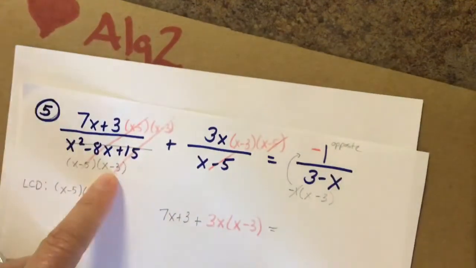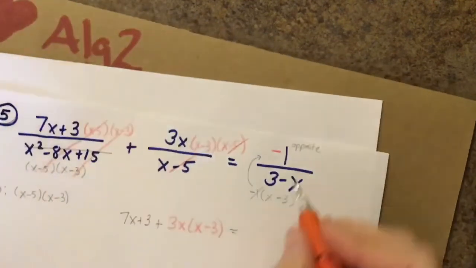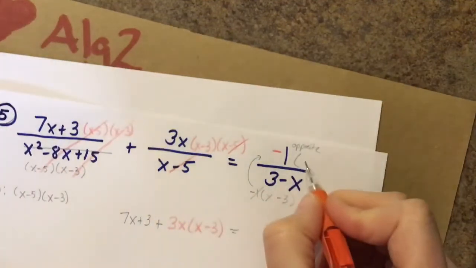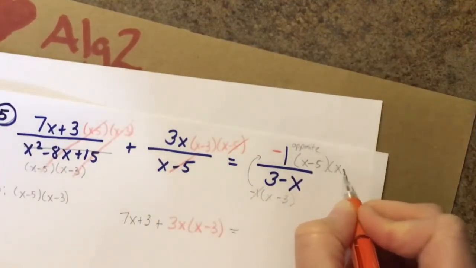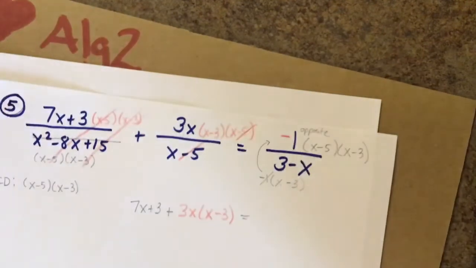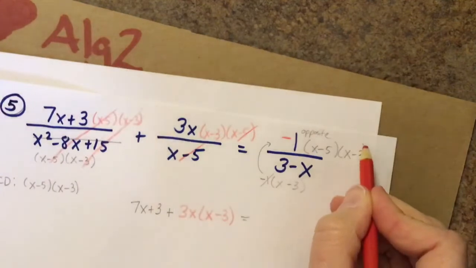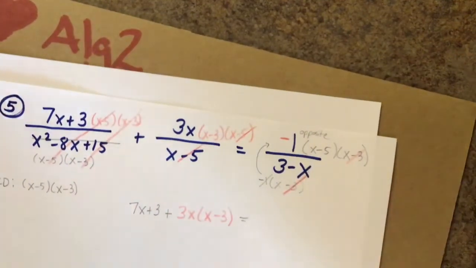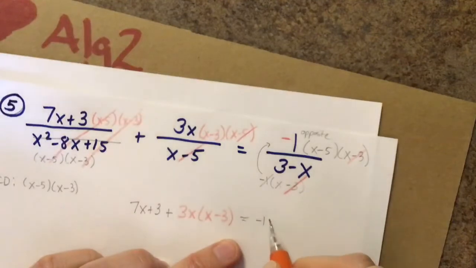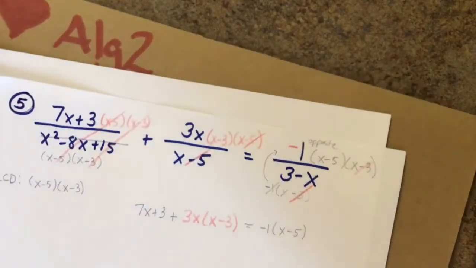So I got rid of the fraction, got rid of the fraction, and now which one will I write first? Well, I'm going to write the x minus 5 here, then the x minus 3. All right, what cancels here? X minus 3. And now I have this negative 1 that I have to distribute to the x minus 1.